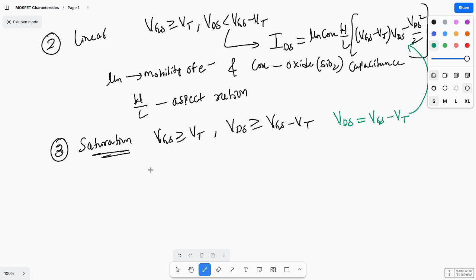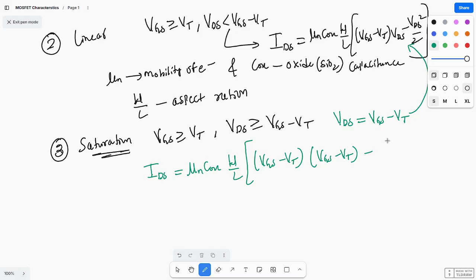When you substitute, what will I get? IDS equals mu n COX W by L, (VGS minus VT) into (VGS minus VT) minus (VGS minus VT) whole square divided by 2.